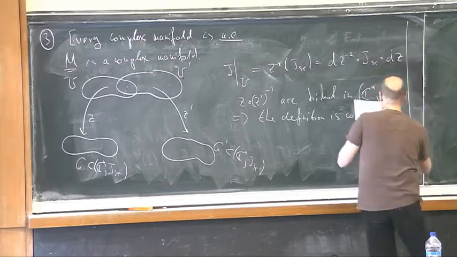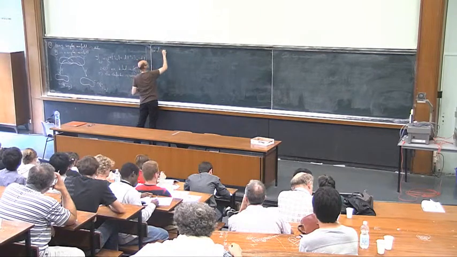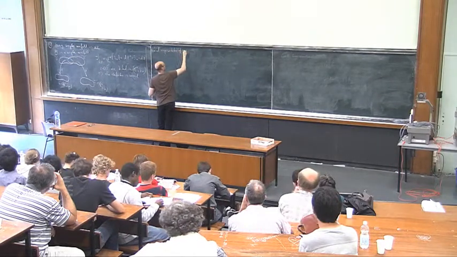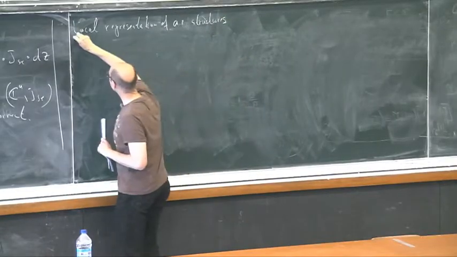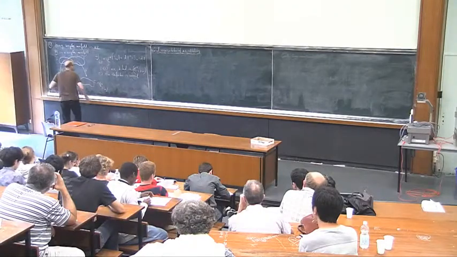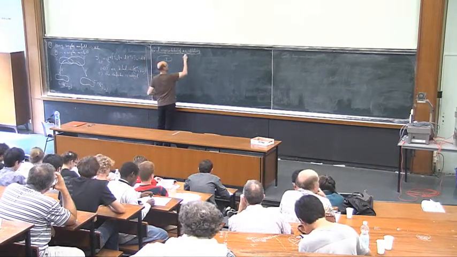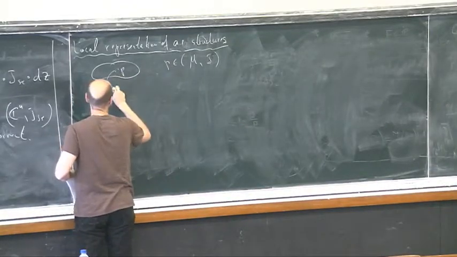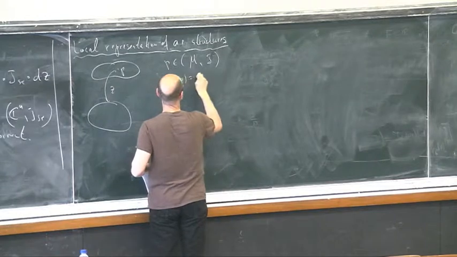Okay, so a word about the local representation of almost complex structures. Suppose that we have a point P in M, with structure J, and we have local coordinates Z such that Z of P is equal to 0.